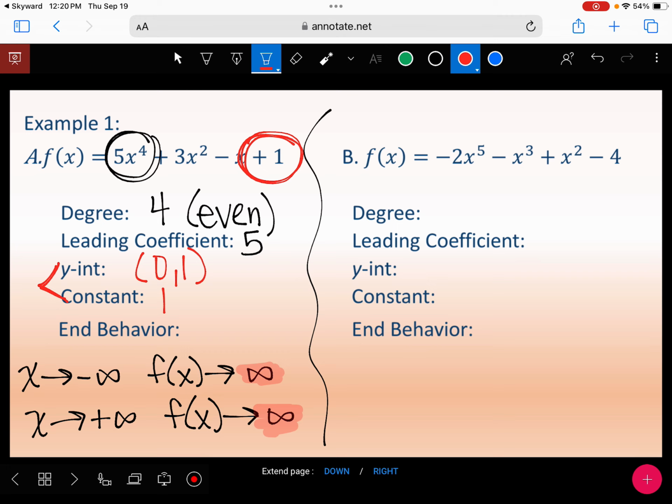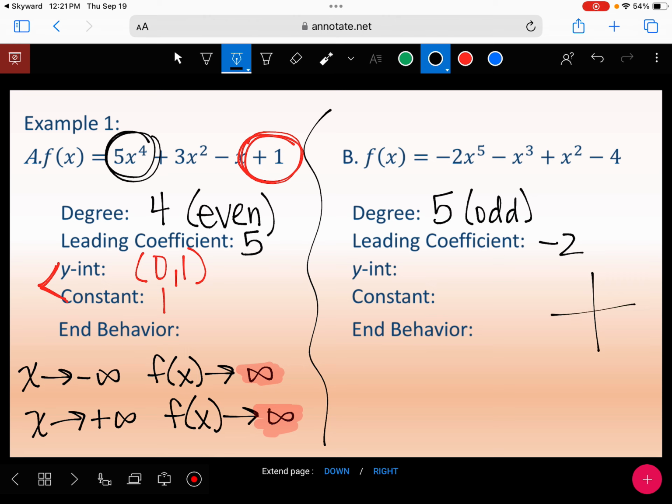All right. So for this second one, our degree is 5, which is odd. And my leading coefficient is -2. So let's pause right there. Let's talk about end behavior. So what is the right side going to do? The right side is controlled by the leading coefficient.